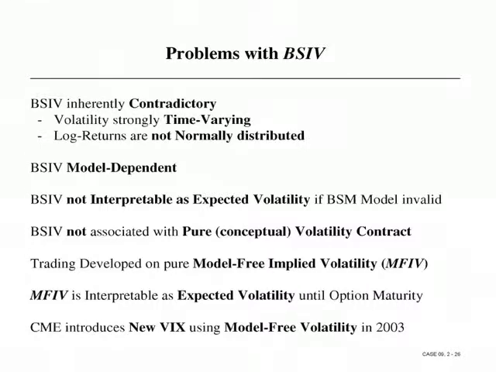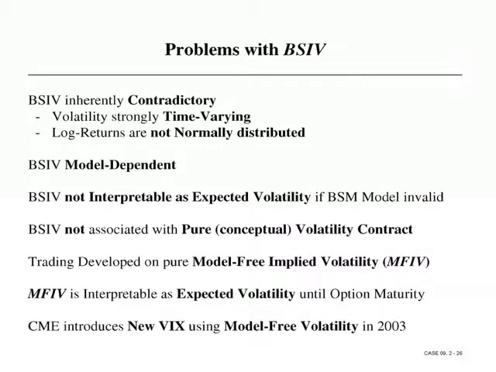So there's lots of reasons why people went away from this. And in recent years, when volatility contracts started to be traded over the counter in New York and other places around the world, it happened not to build on the Black-Scholes implied volatility, but this model-free implied volatility. So there's the financial sector itself telling us there are better concepts out there. And those are directly interpretable expected volatility.